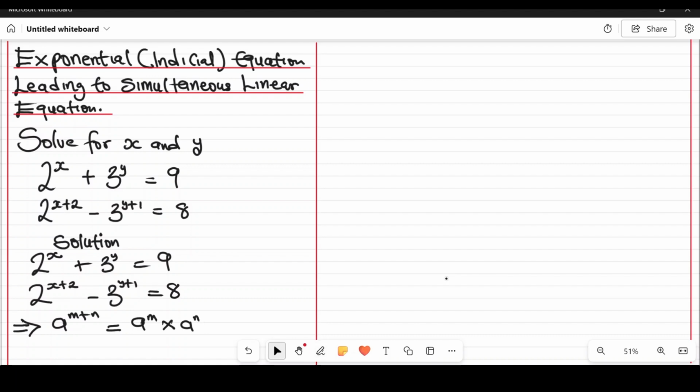So if we use this particular expression in our equations, our equations become 2^x + 3^y = 9, and 2^x times 2^2 minus 3^y times 3 equals 8.